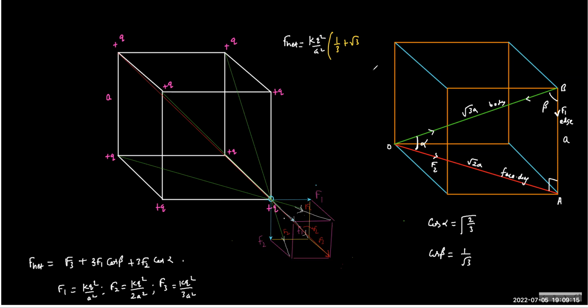So 3 cos alpha is root 6 by 3 by 2. It's 3 by 2, I think, under root. Right? This is the answer: 1 by 3 plus root 3 plus 3 by 2 under root. Okay, sir, yes, I'm getting that. I'll check once.